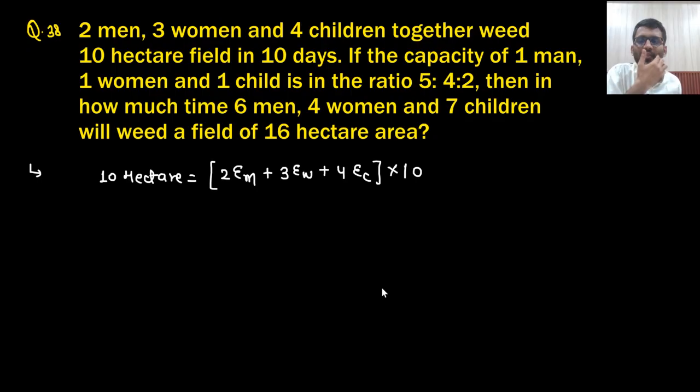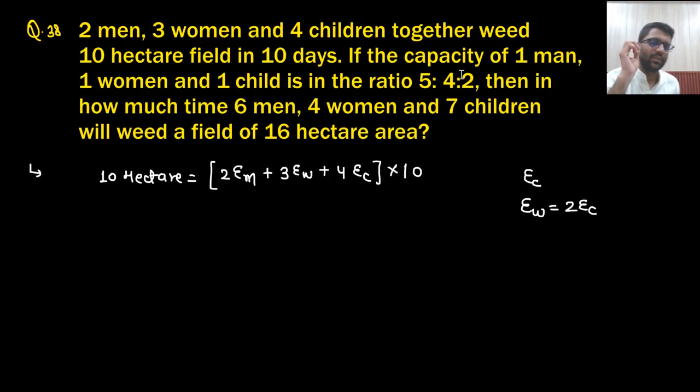If the capacities of 1 man, 1 woman and 1 child are in the ratio of 5 to 4 to 2, basically if the efficiency of children is EC, then what is the efficiency of woman? Can you tell me? That would be 2 EC.